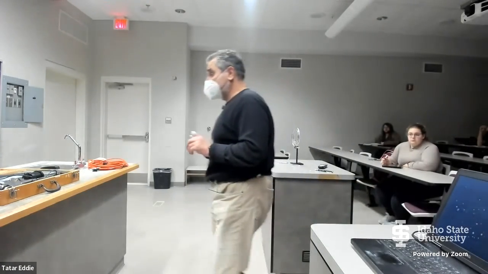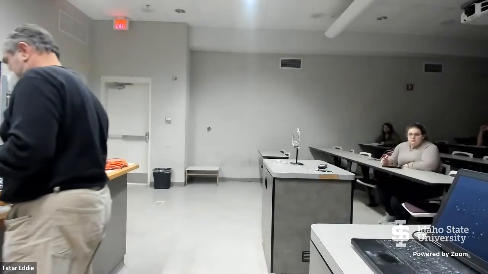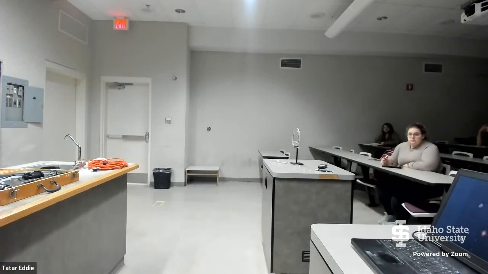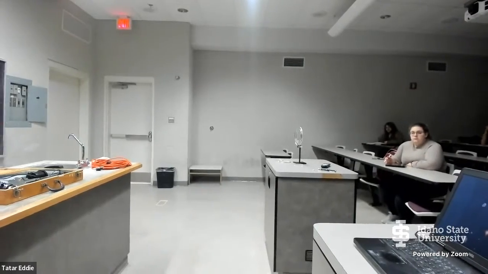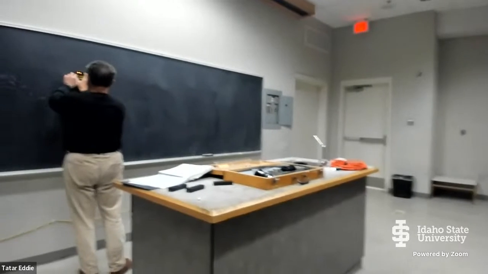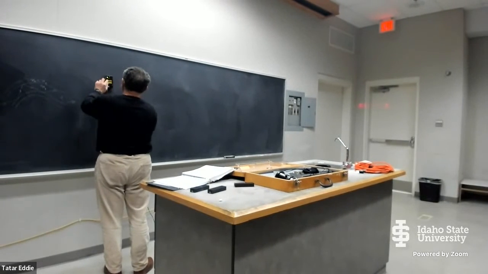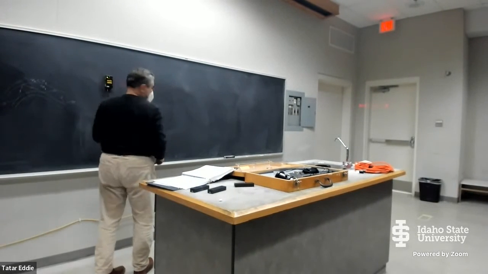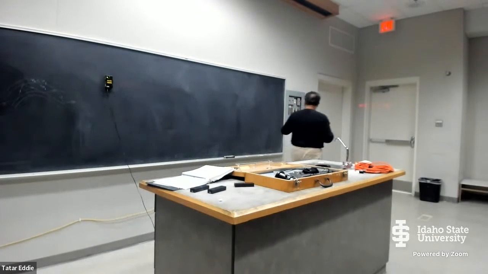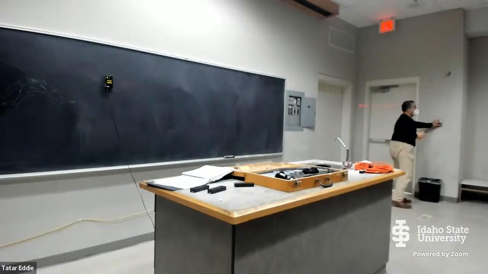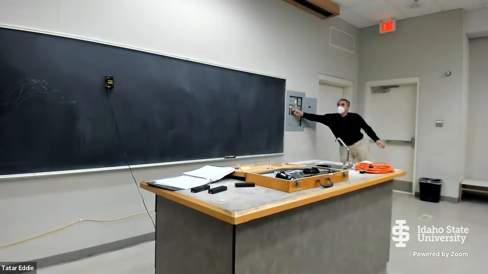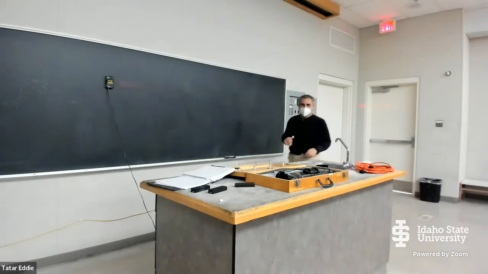Let me try to show it right here. Let's use this laser. Let's get only 3 light rays. Let me turn off the lights a little bit. Yes, you see it pretty well now.